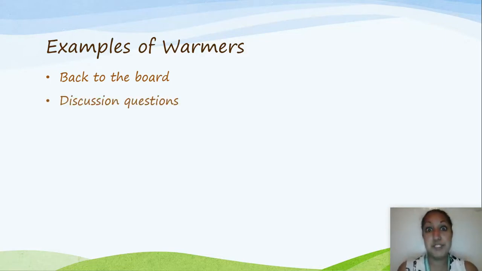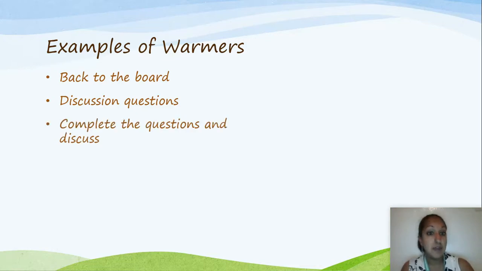You could give them discussion questions to talk about in pairs or in small groups. You could build on that by giving them questions with a word or two missing or a word in the wrong form, and they have to correct it and then ask each other questions. The speaking activities usually get them really involved in the lesson.